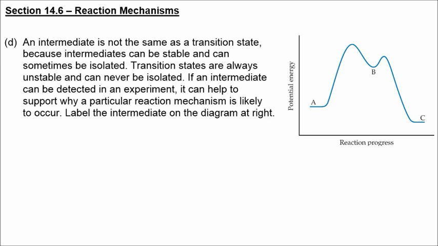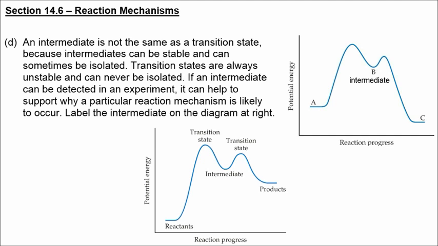If you know that there is the presence of an intermediate, it helps to support a particular pathway, a particular mechanism, and you can try to make a hypothesis about how the reactants are transformed into the products. So here we see an intermediate at step B, the label on the diagram where it's the valley, and then transition states would be at the top of those two hills.